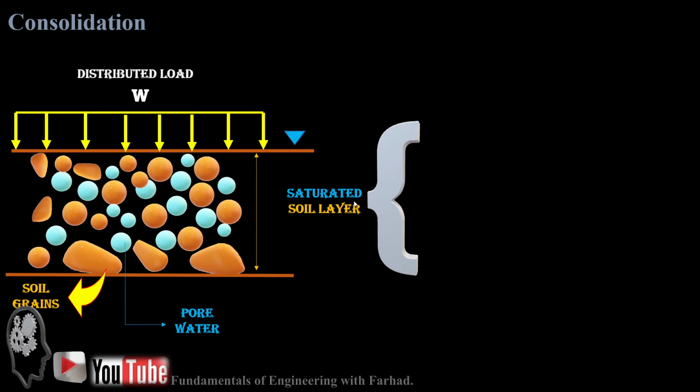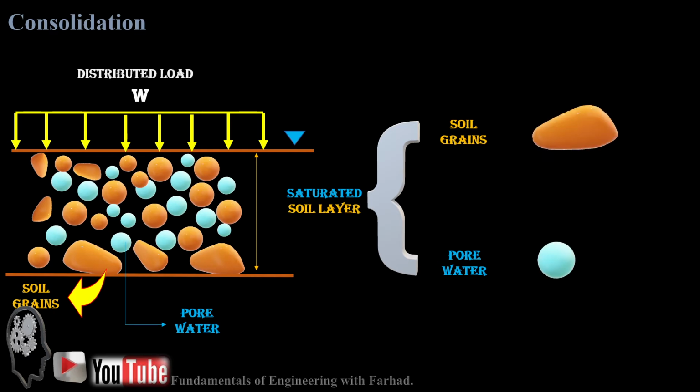So in consolidation, for example, if this is a free body diagram of a soil sample and we apply a distributed load over the soil, our saturated soil layer consists of two components, soil grains and also pore water inside the soil.